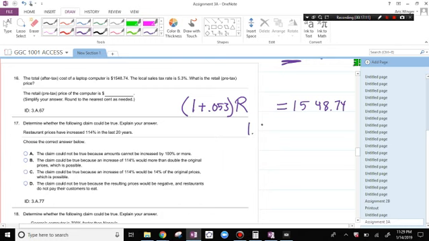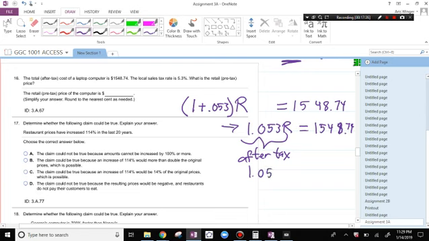So 1.053 R is the after-tax amount, and that equals $1,548.74. Now I'm solving for R. R is being multiplied by 1.053. In order to get R by itself and get rid of this 1.053, I'm going to need to divide.